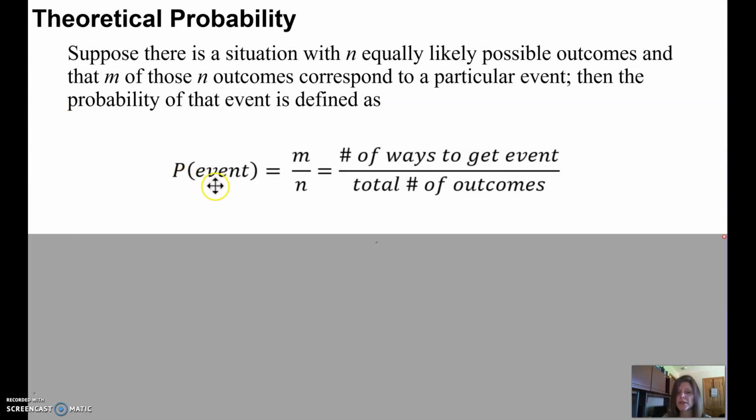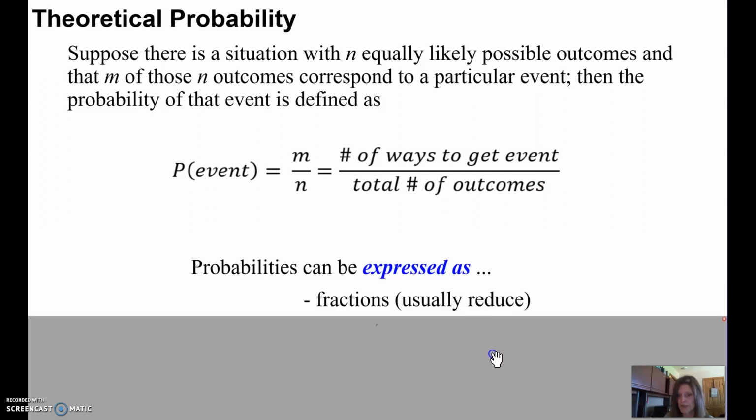The probability of an event is just m, the particular thing, divided by n, the number of total outcomes. So don't worry too much about memorizing that definition. Instead, get it in your head that probability is the number of ways I can get what I want divided by the total number of outcomes possible. That's really all it is. It's a very simple thing to calculate usually.